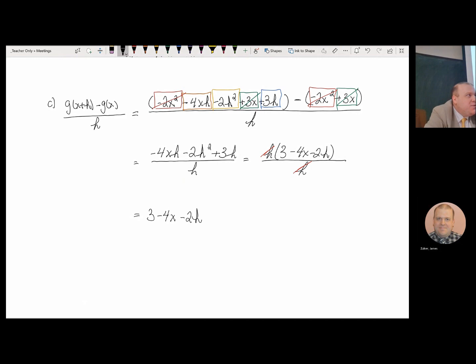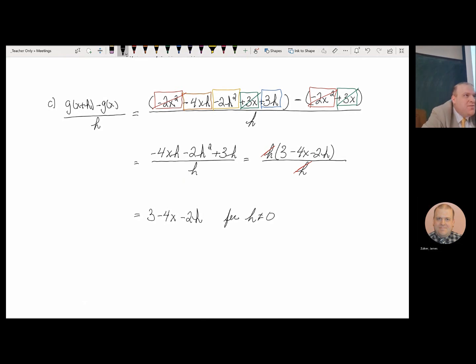After 3 minus 4x minus 2h, technically I have to put a condition on that: for h not equal to 0. Why do you have to put that?